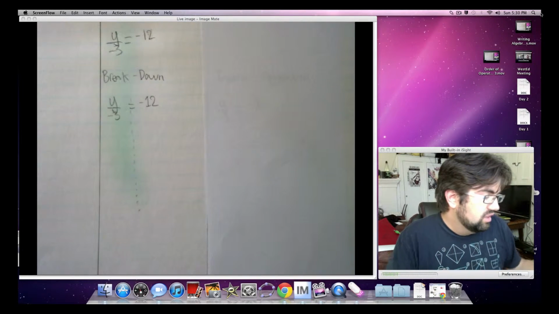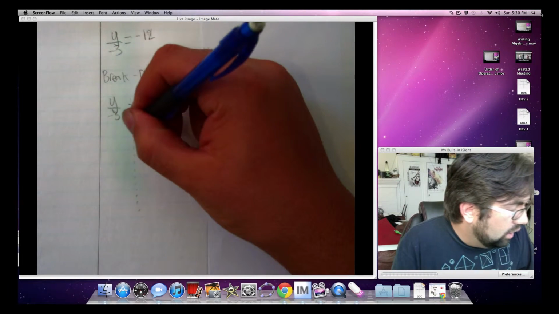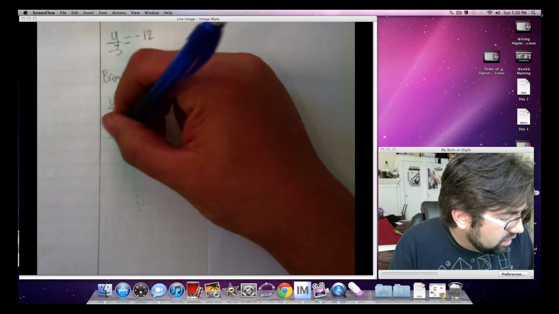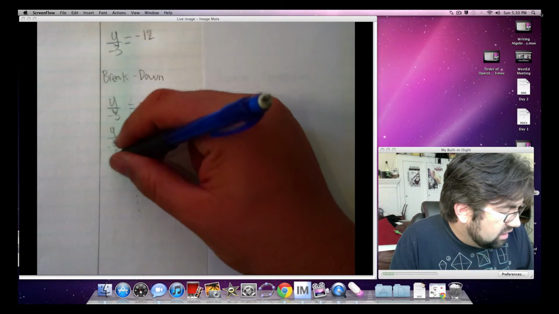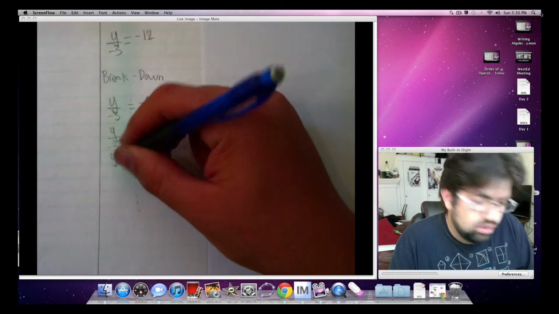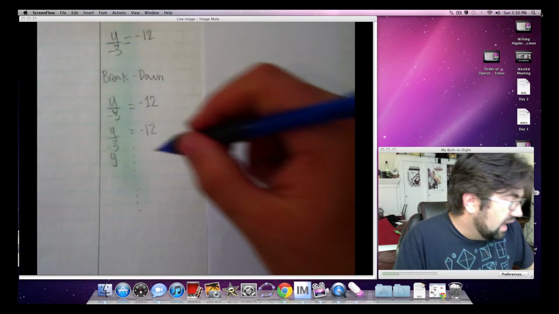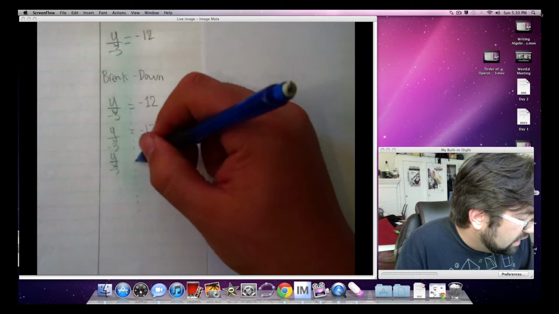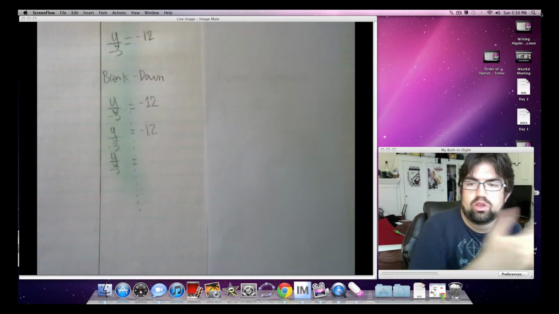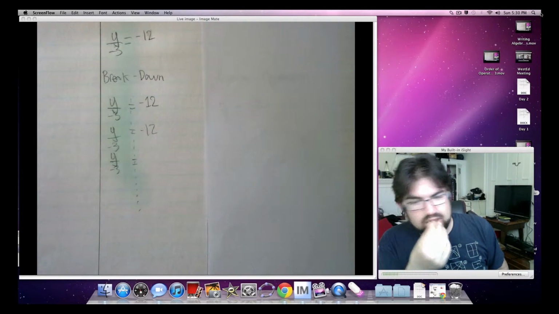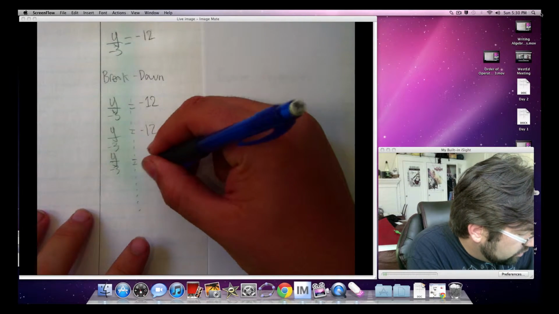So kind of going with that same idea, what if I had, and I'm going to rewrite, well, I need to think of some number that I can divide by negative 3 that gives me negative 12.